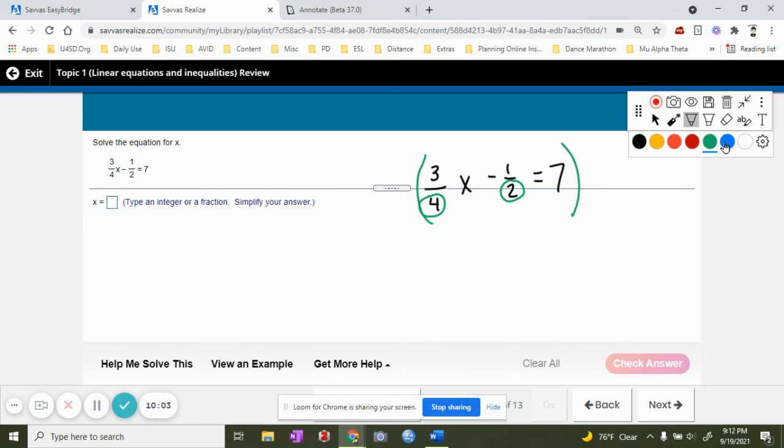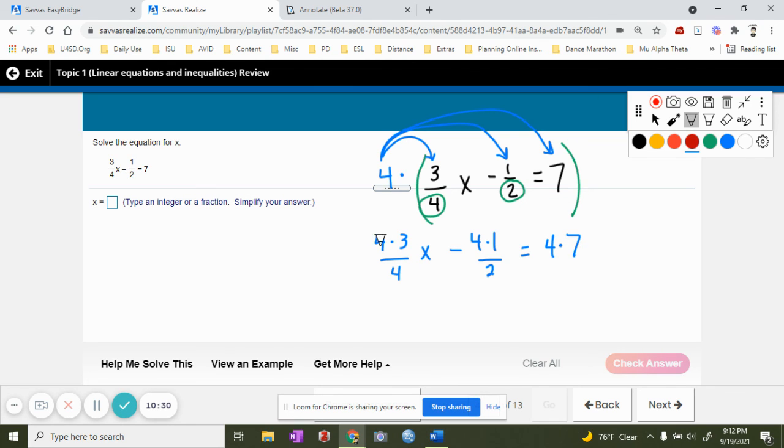So if I choose to multiply my entire equation by 4, I'm going to distribute that into my numerator all the way across. So I get 4 times 3 divided by 4x minus 4 times 1 divided by 2 equals 4 times 7.